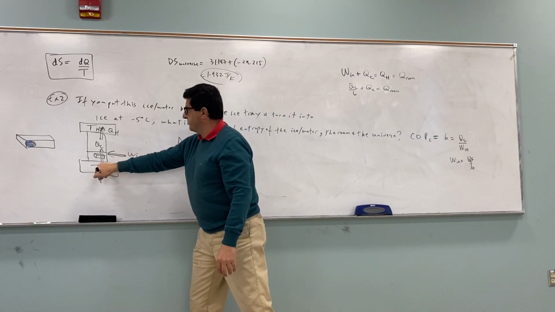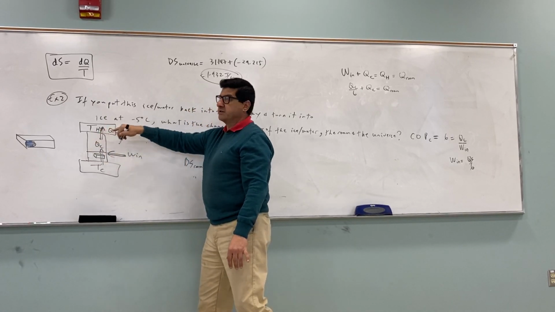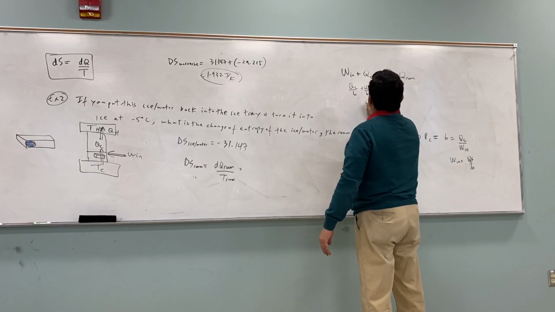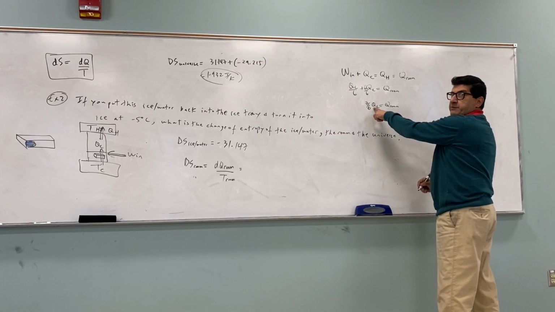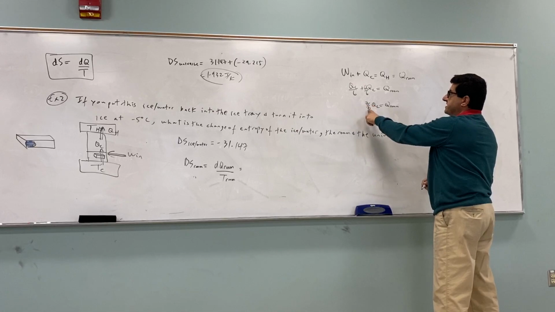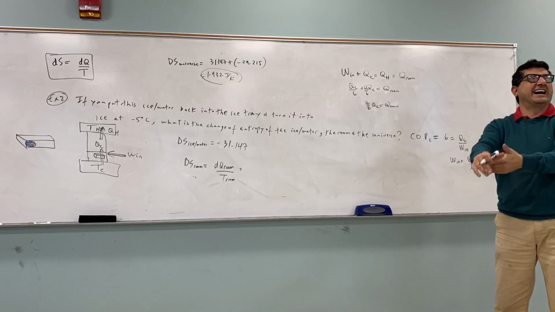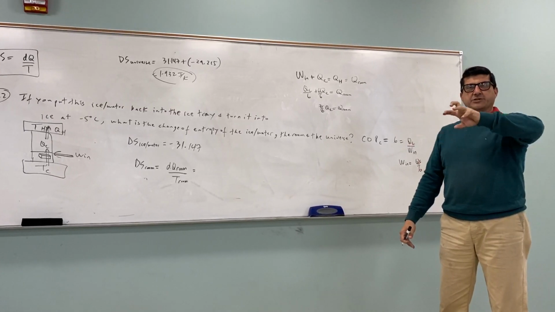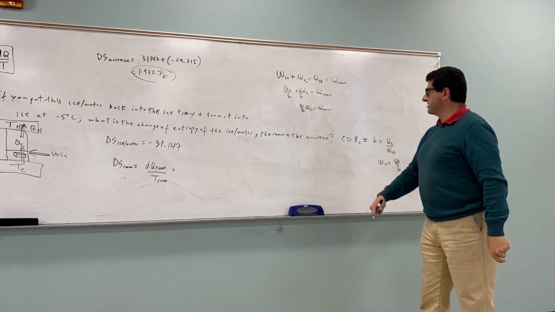So that's how much heat you're taking from the ice and how much you are dumping into the atmosphere. So then what does this tell you? 7/6 QC is equal to Q room. Whatever you're taking from the ice, 7/6 of it you're going to have to dump into the room in order to freeze it.